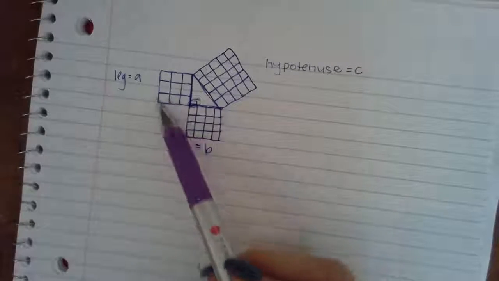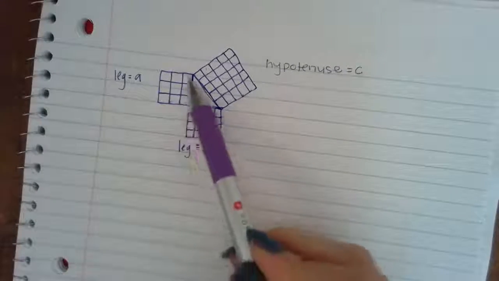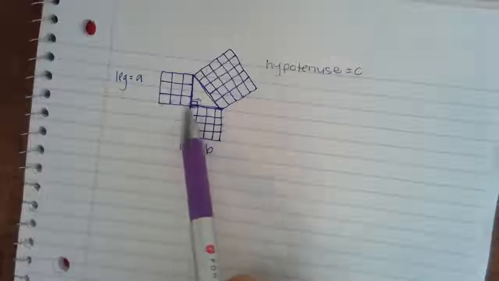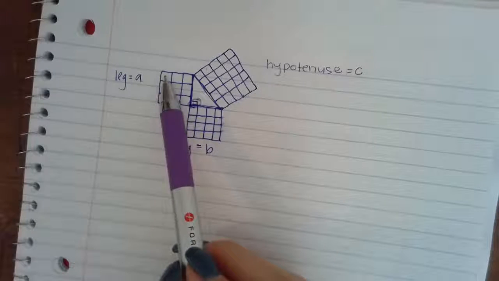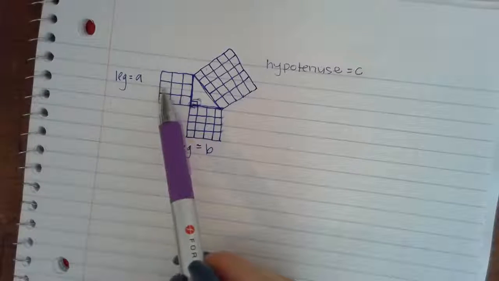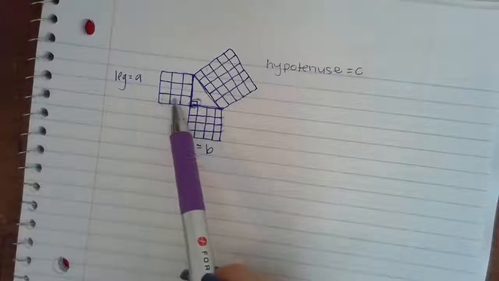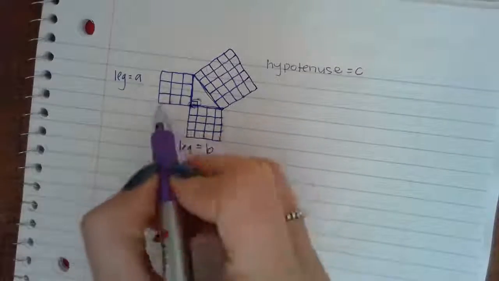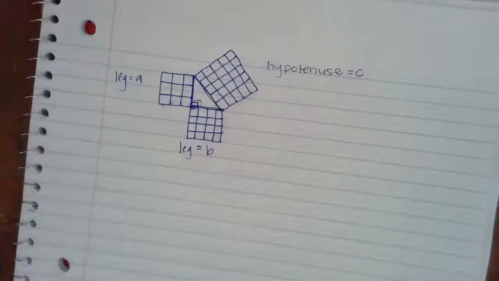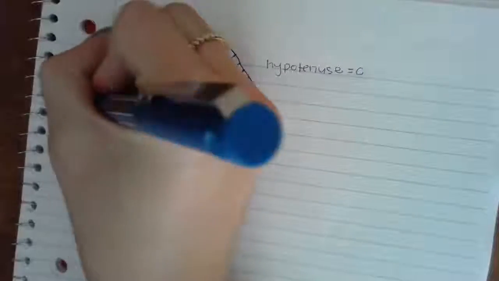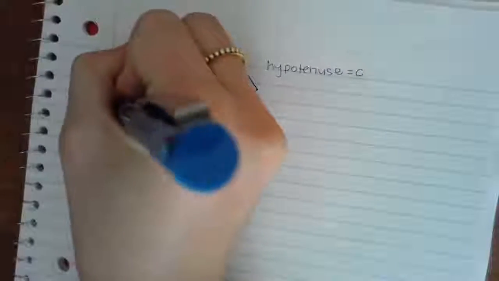So if I count all of the boxes inside square A, we have 1, 2, 3, 4, 5, 6, 7, 8, 9. So square A is equal to 9.